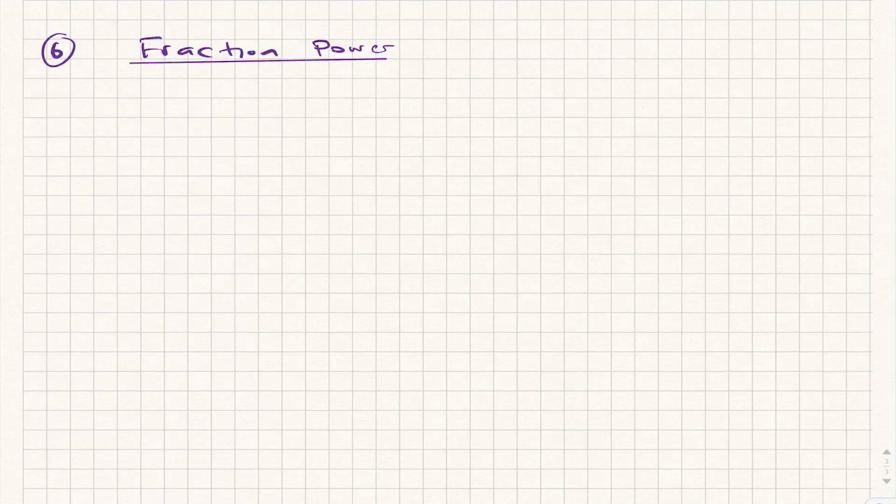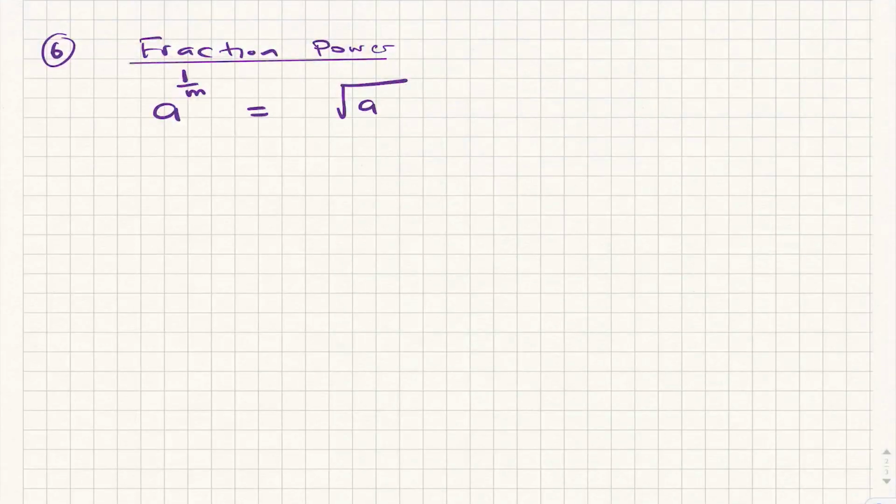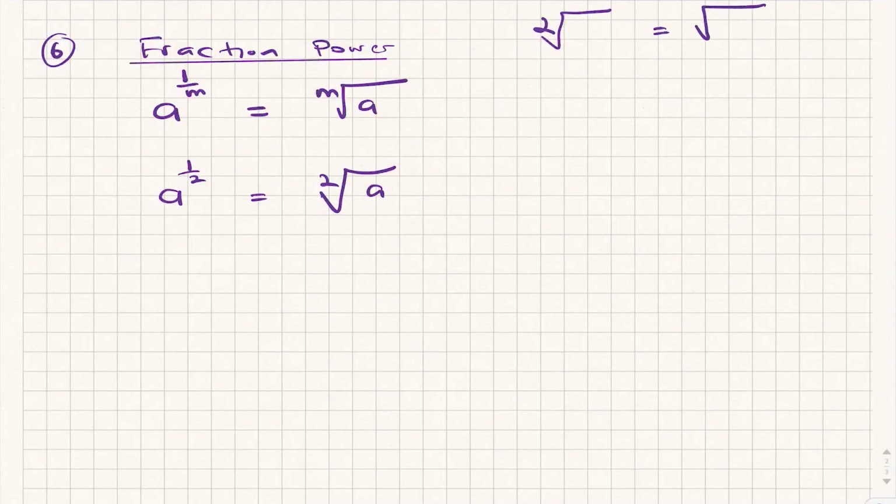Fraction power. Number 6. So a to the power 1 over m is written as the m-th root of a. An example will be a to the power of a half is the 2nd root of a. The 2nd root is also written as just root.